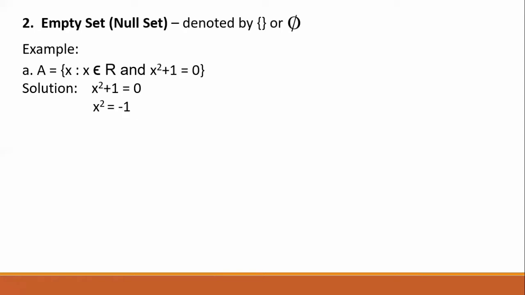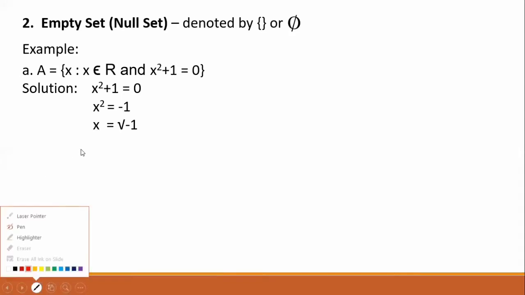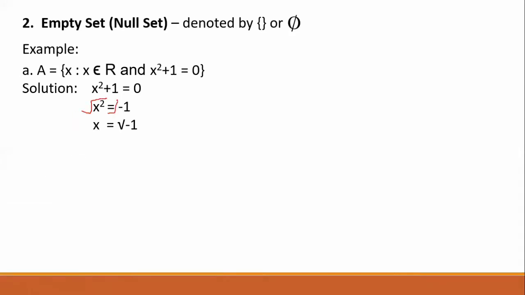Next, take the square root of both sides. The square root cancels the x squared, leaving x. This is equal to the square root of -1.